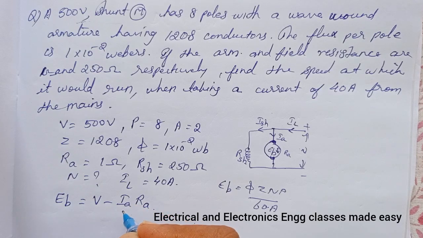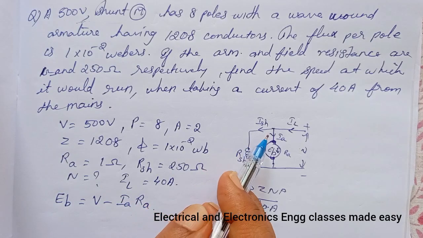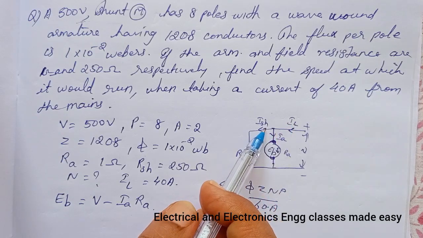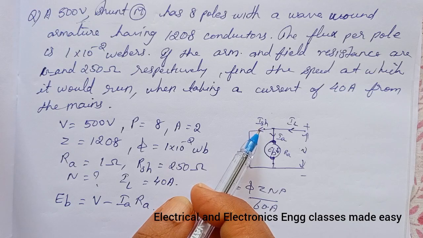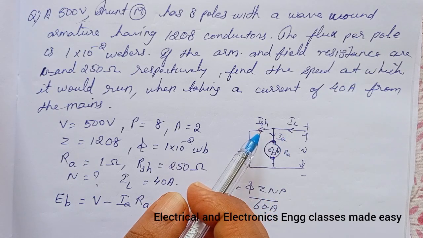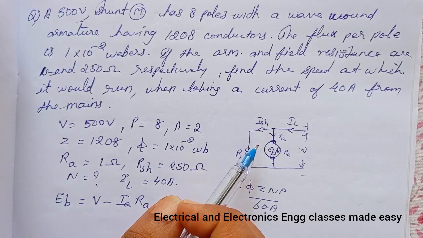So first of all we have to find IA. To find IA we have to know about ISH. Only IL is given, so first of all we have to find ISH.